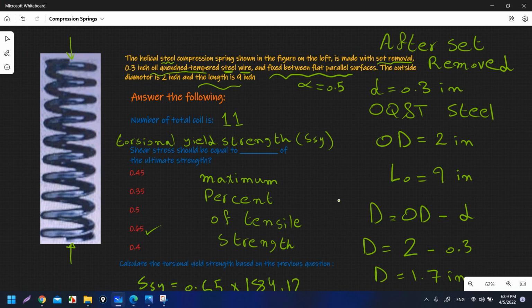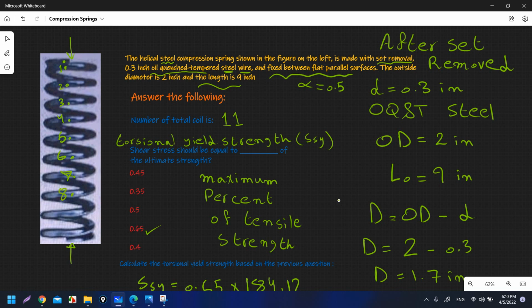We have 3 questions in this video. Answer the following: number of the total coils. If you want to calculate the number of coils, the first one, the ground, the fixed, you will consider equal to 0. Then you go to the next coil, this one is equal to 1, here is 2, this one is 3, 4, 5, 6, and 7.